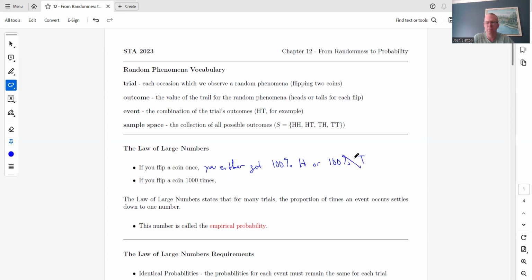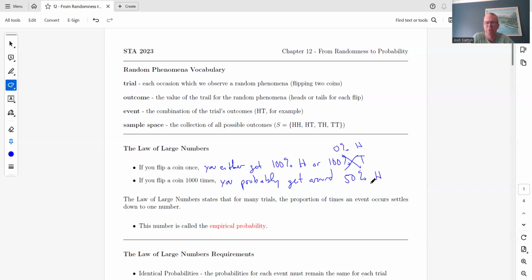Either way, you get all heads or no heads if you're only flipping the coin once. But if you flip the coin 1,000 times, you will probably get around 50% heads.